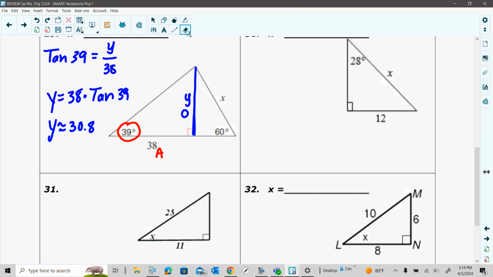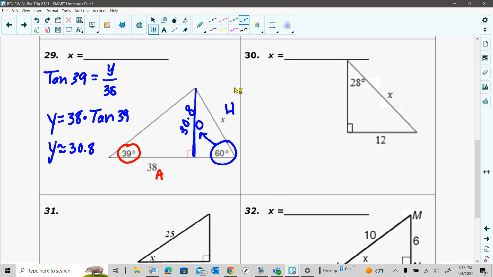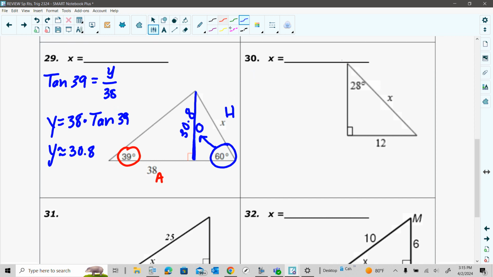So that lets me know that I can replace this variable with that side measure, and I can use that to find my x. This is still the opposite side and x is the hypotenuse. So when we have O and H, we're using sine.